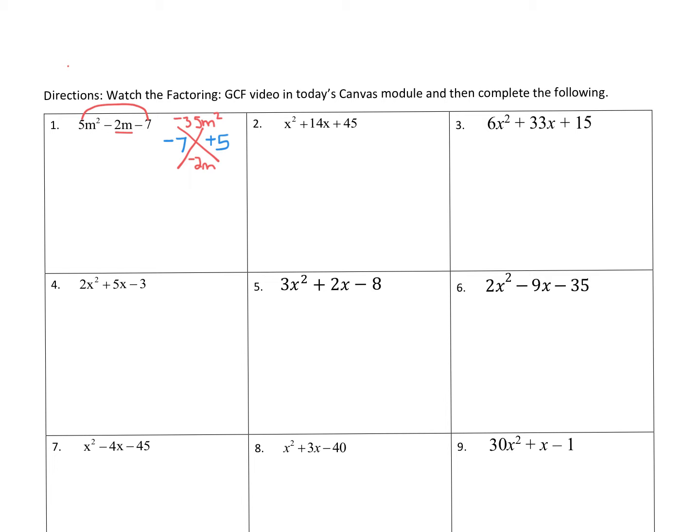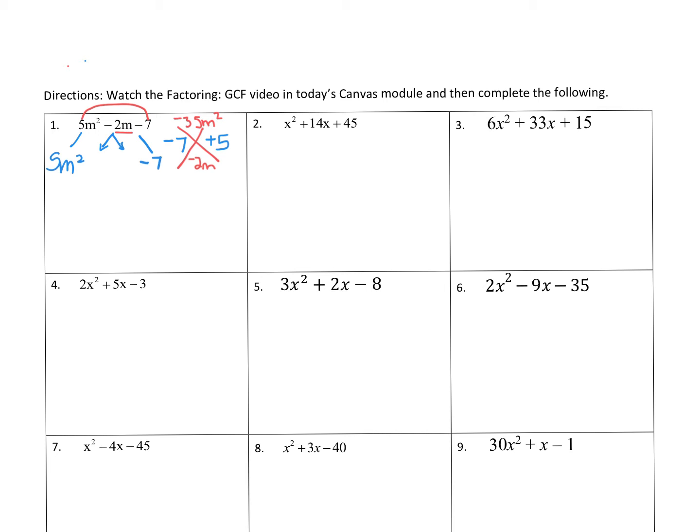We then said what we do is we take our trinomial and we create 4 terms using the following process. We write down the first term, and we write down the last term. And now we do this process called split the middle, which means we take this middle term and split it into 2 parts.